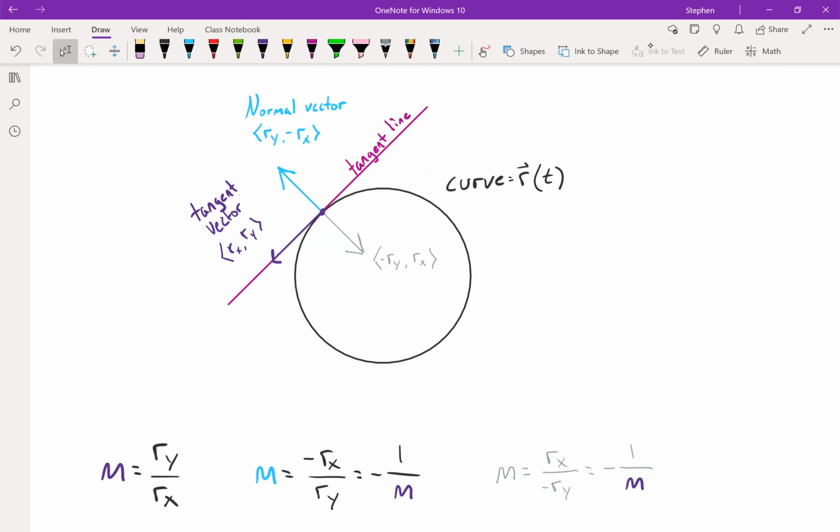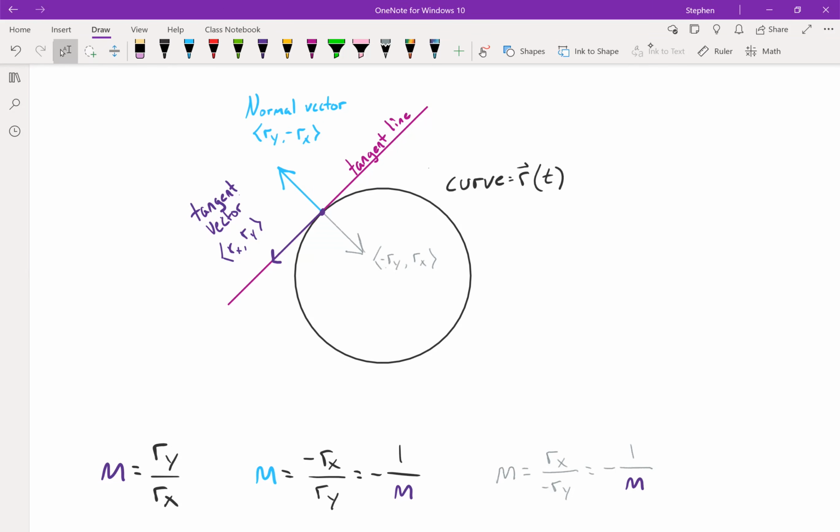The reason for that is that if I wanted to find the slopes of any of these, both the tangent vector and the two normal vectors, I would want the y position over the x position. So the slope of the tangent vector and the slope of that tangent line is the y derivative divided by the x derivative.